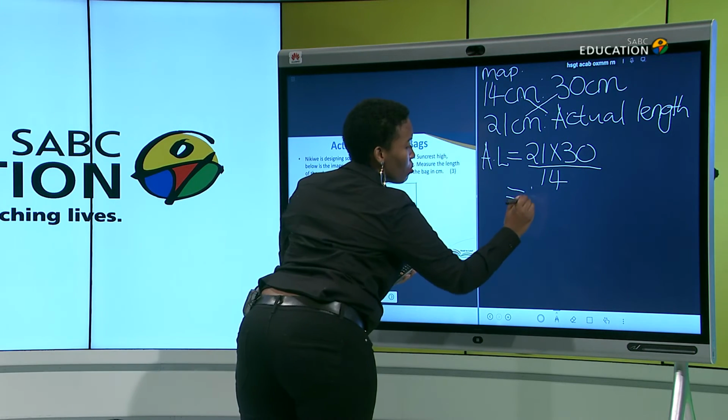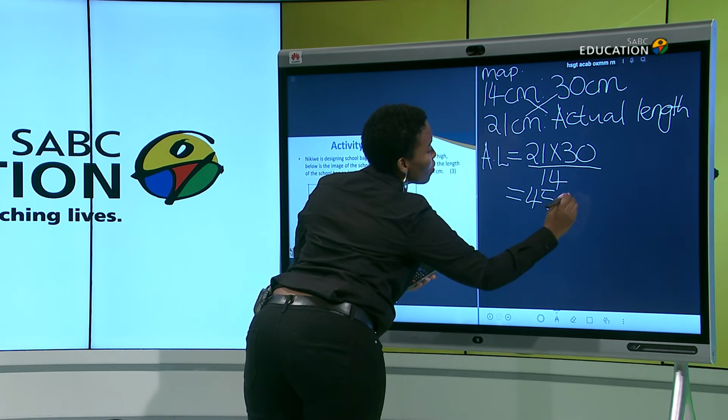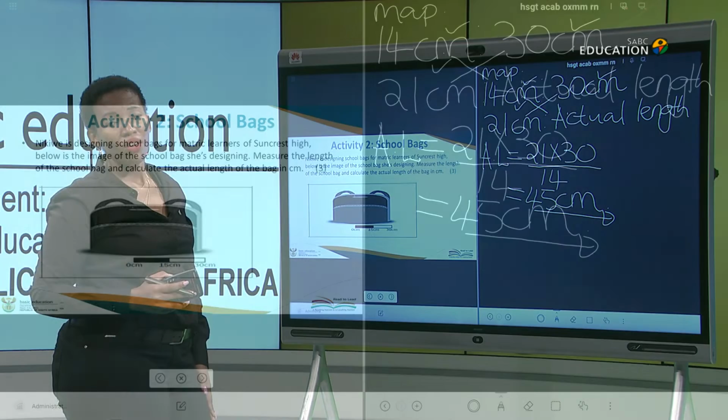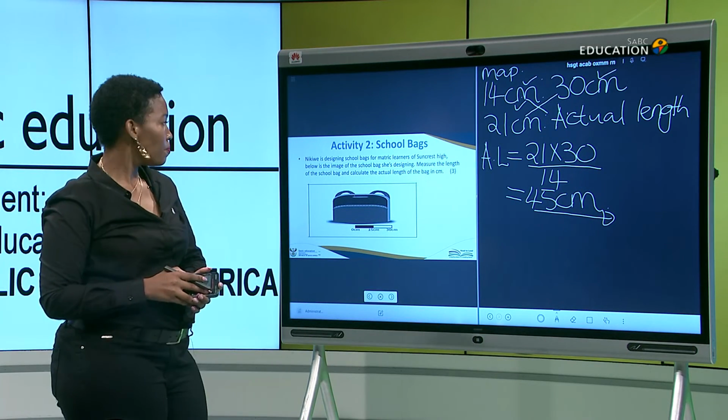So our answer would be 45, and it is 45 what? 45 centimeters, because all along we've been working with centimeters, so we don't need to do any conversions. Our answer is in centimeters. And for this type of question, it is normally 3 marks in the exams.